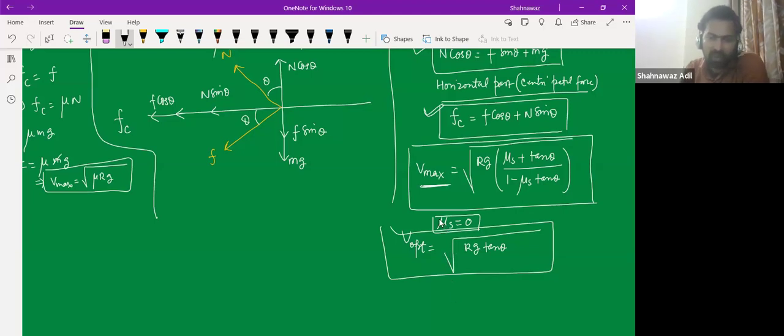But if you want to save your tire and move in that banked road without this friction, then that is called the optimum velocity. So is this clear, everyone? Is it clear? Yes guys, is it clear?